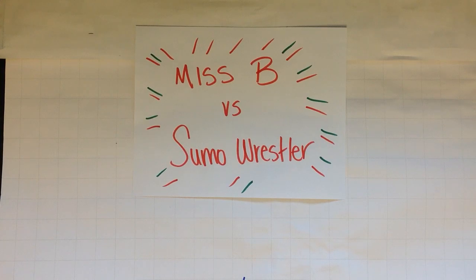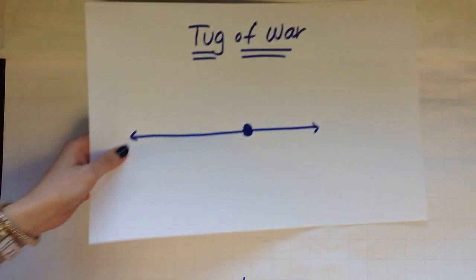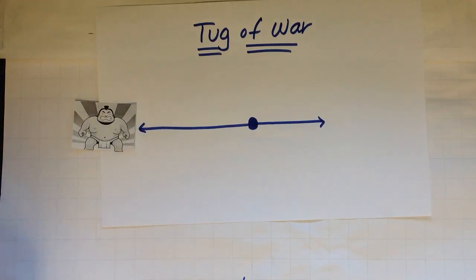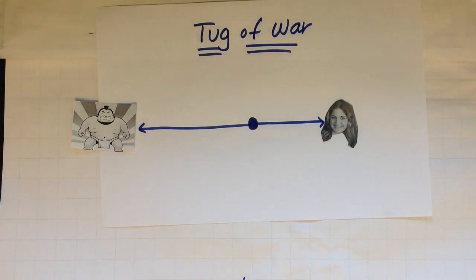So in this tug of war, we're going to have Miss B versus the sumo wrestlers. That's who's going to be in our tug of war. Something really, really simple. So if I take a look at Miss B and the sumo wrestler in this game of tug of war, clearly the sumo wrestler is going to beat Miss B, even though Miss B is very strong, because he has more ability to pull the rope closer to him.